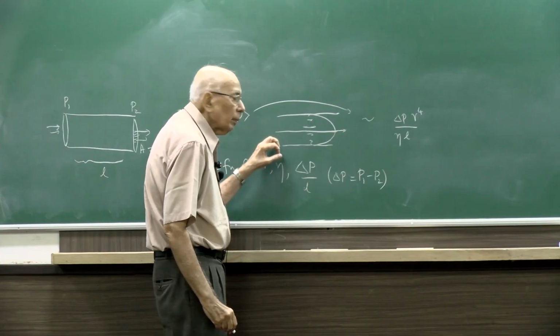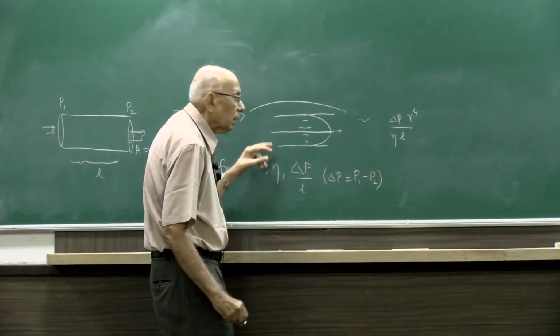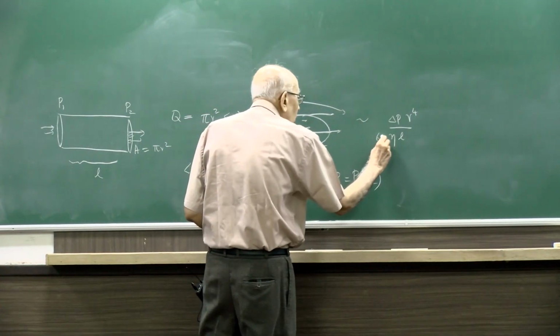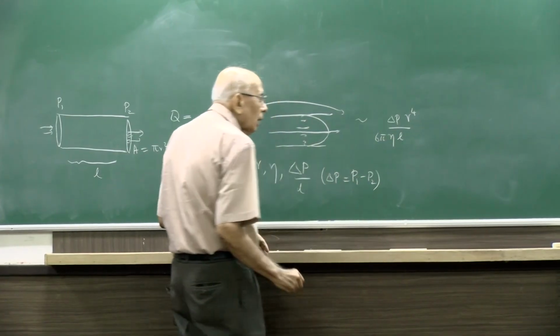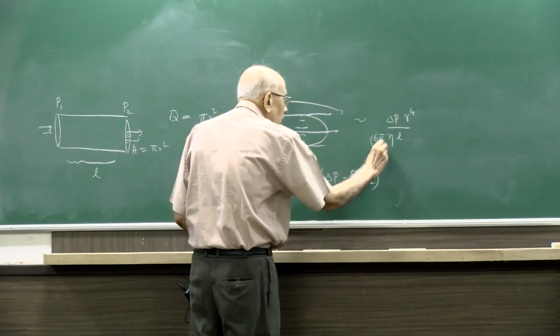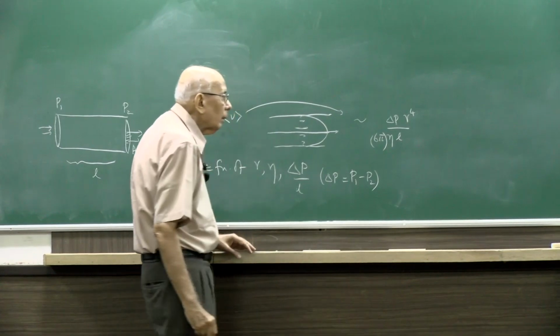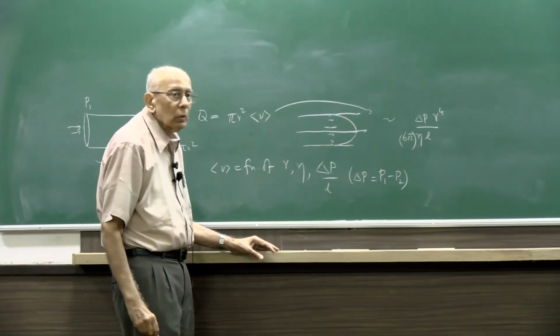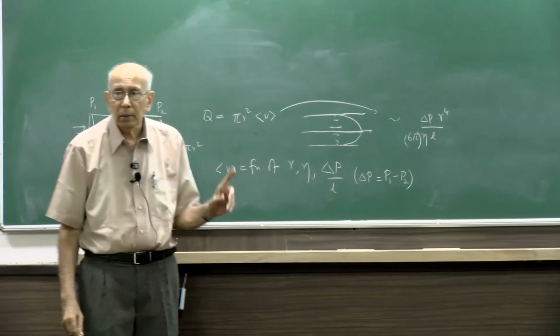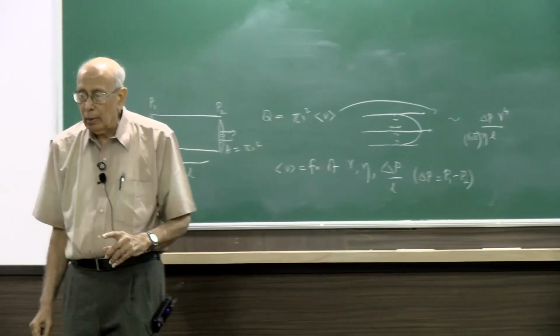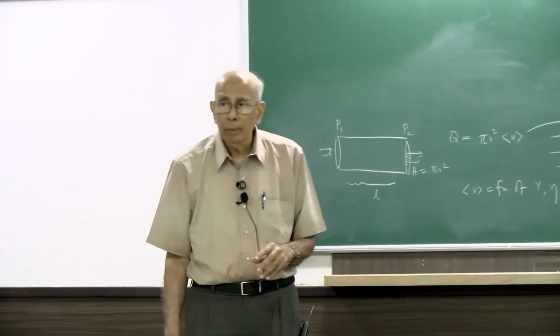For a circular pipe with stick boundary conditions, as they call it here, this factor turns out to be 1 over 8 pi. But that you can't get from dimensional analysis of this kind. So that's how dimensional analysis can be used in this problem, provided one puts some physical input into it.